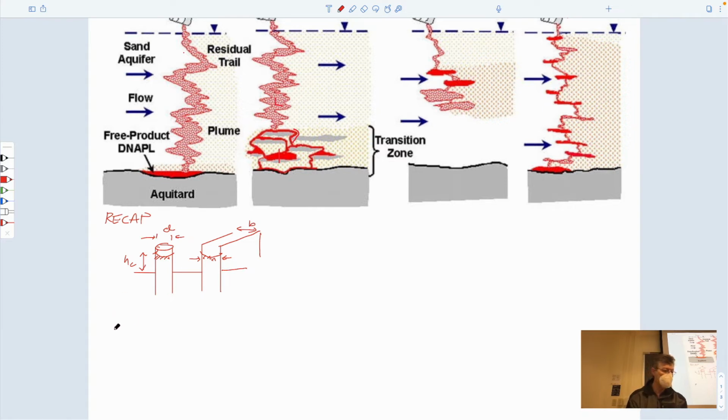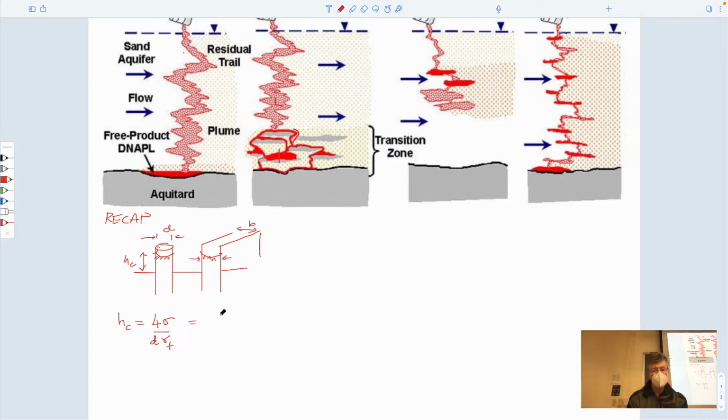And that we could get, I just jotted down two equations for height rise. The height that it rises is 4 times the interfacial tension divided by the diameter of the capillary tube and the unit weight of the fluid, whatever that is.